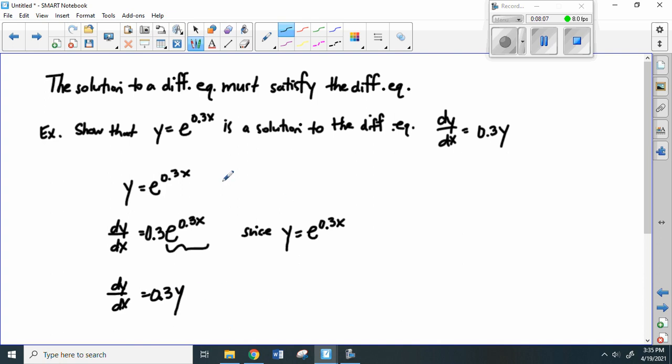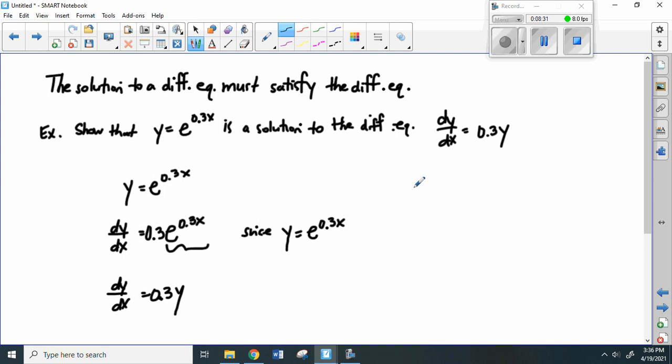And so I have shown that this equation is a solution to this differential equation. That's something you might be asked to do in a multiple choice or maybe a free response.